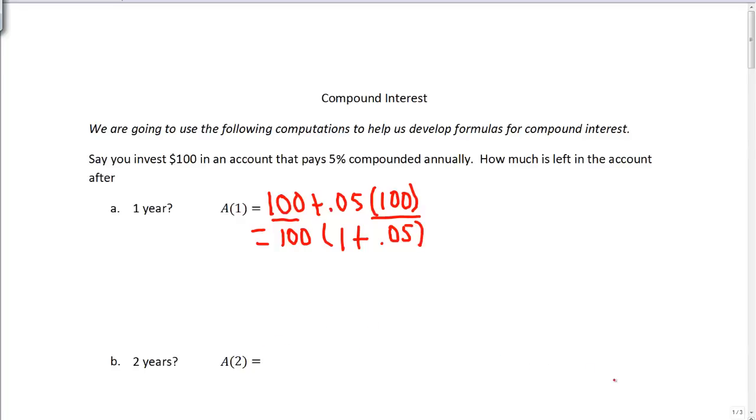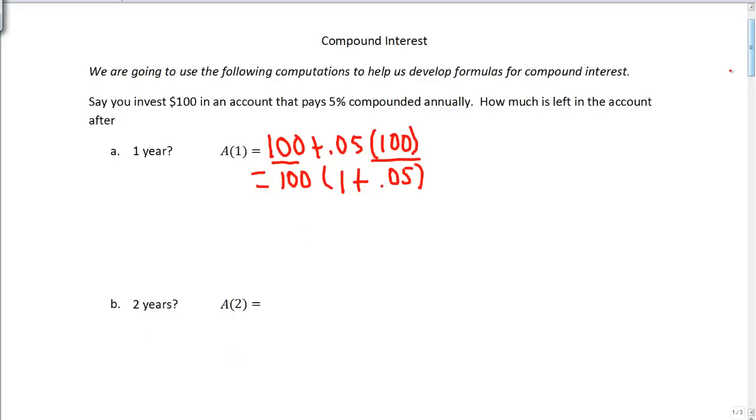Well, for the second year, what we're going to have is that $105, which I'm going to go ahead and write in the form 100 times 1 plus 0.05, and then at the end of the year the institution would pay you 5% of that, so I'm going to go ahead and take 5% of 100 times 1 plus 0.05.